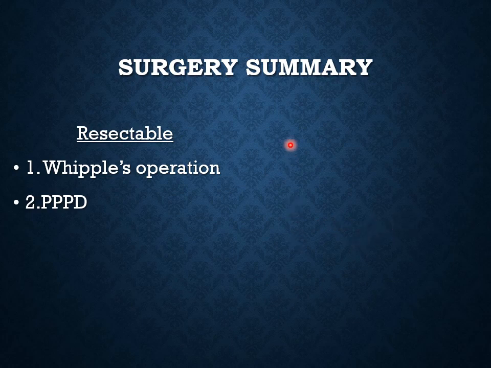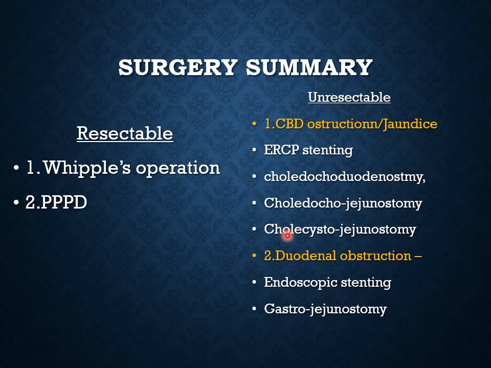All these are simple procedures which can be done with good palliative results. If duodenal obstruction, endoscopic stenting is the method of choice. If this fails, then gastrojejunostomy is a better bypass procedure.